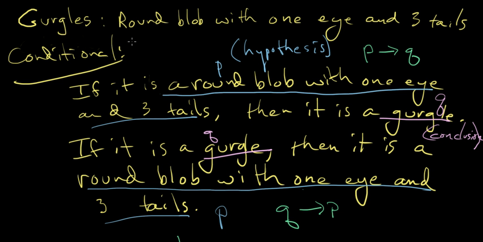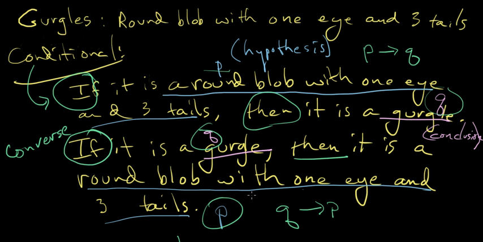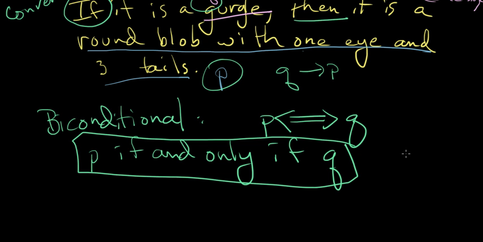Remember the conditional says if this, the hypothesis, if P, then Q. And the converse, this is also a conditional, says if Q, then P. So what we're saying in a biconditional is it's true in both directions.